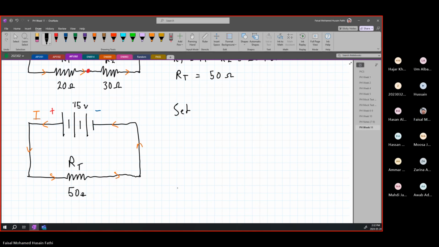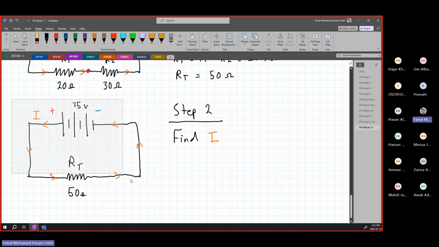Step 2 is finding your total current. Step 2, find I. Now, if you notice, this is a much simpler circuit that we can analyze. Why?